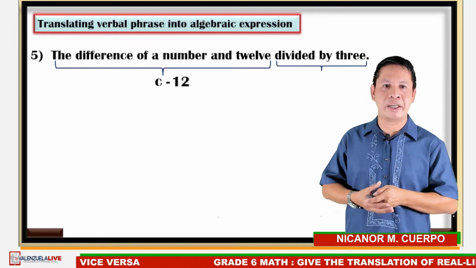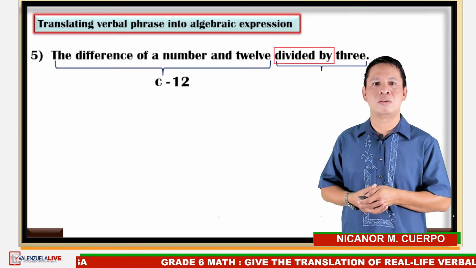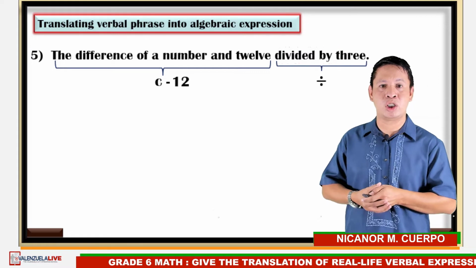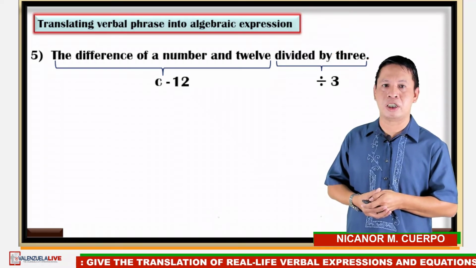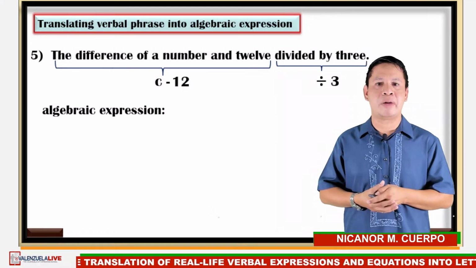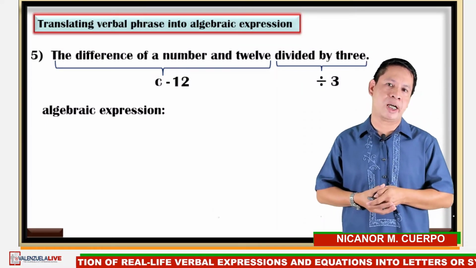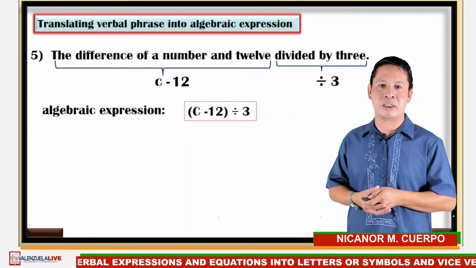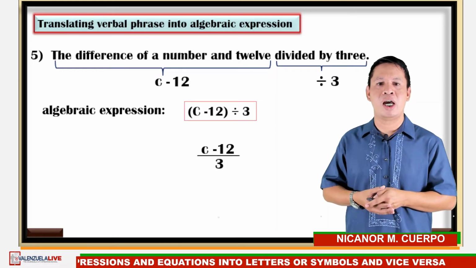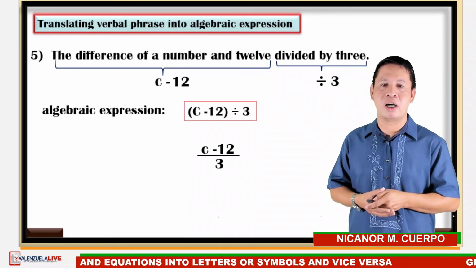Now, divided by 3. So divided means division, and write the number 3. So the correct algebraic expression for the given verbal phrase is c minus 12 divided by 3, or in fraction form, that is c minus 12 over 3.